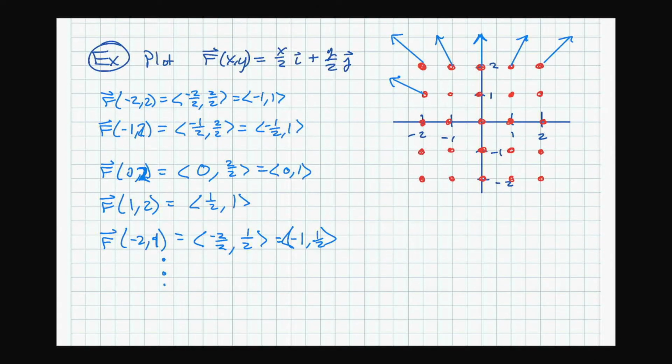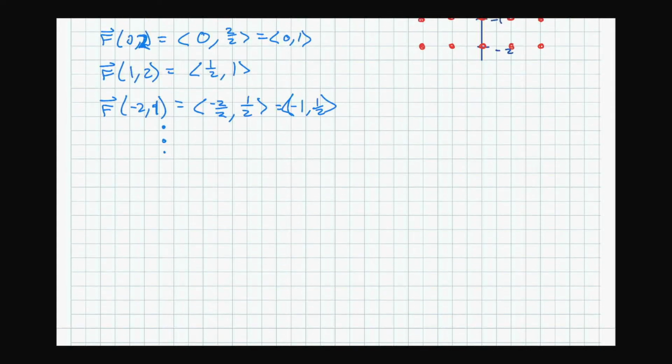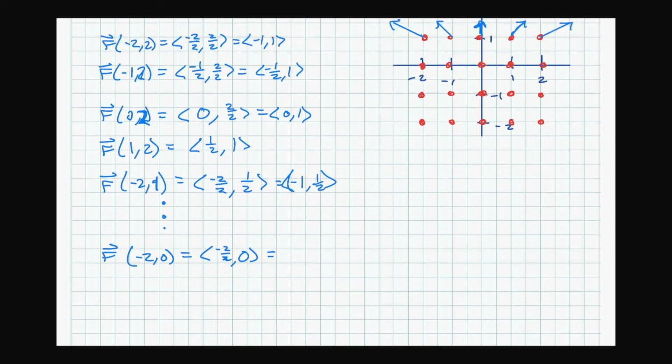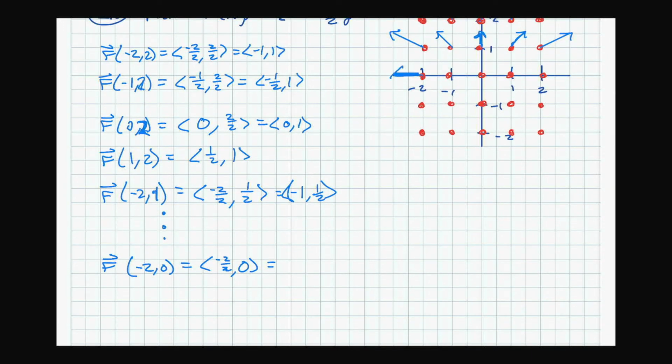I believe what will happen here is I'm going to get the ones that I'm going to show you. Like that. You can keep going for as long as you want. You can do the 0 row. So we can go -2, 0, which is going to be -2 over 2, 0, which is -1, 0. So that right here is straight out this way. The rest of that row will be like that.